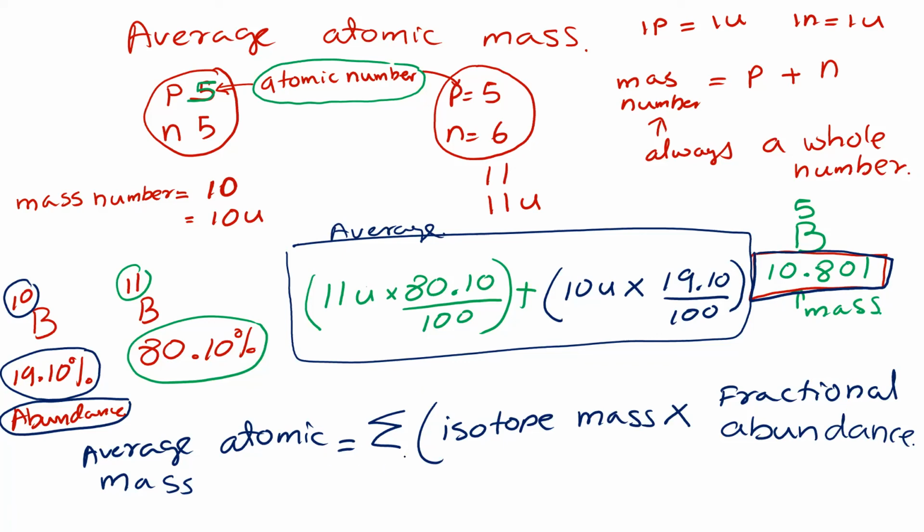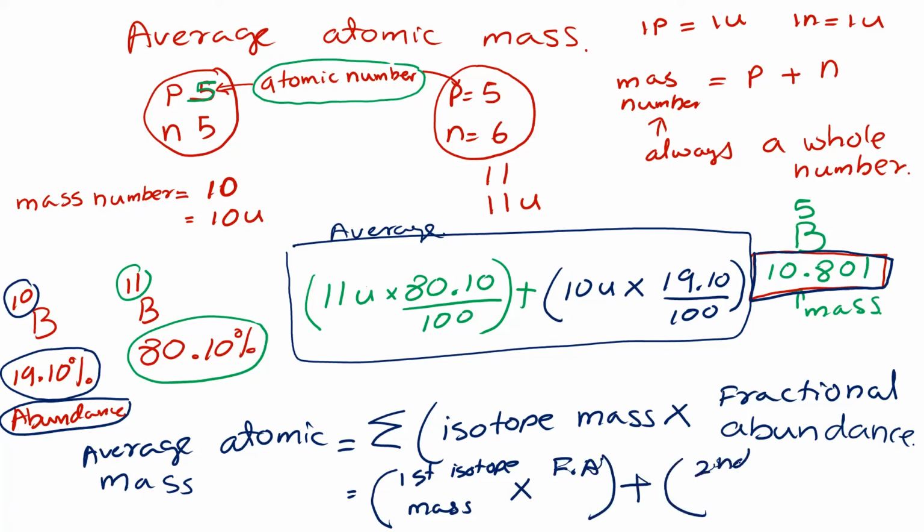So what this means is that you take isotope 1, the first isotope mass, multiplied by its fractional abundance, and then keep adding the second isotope mass multiplied by its fractional abundance.